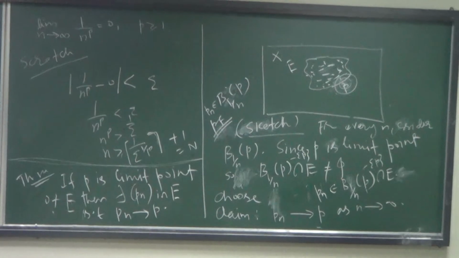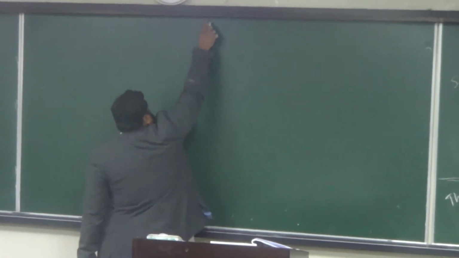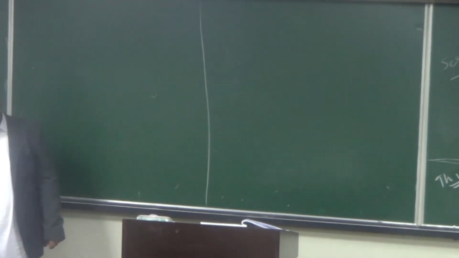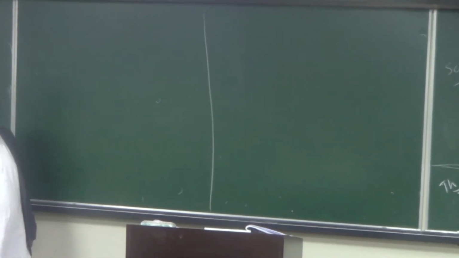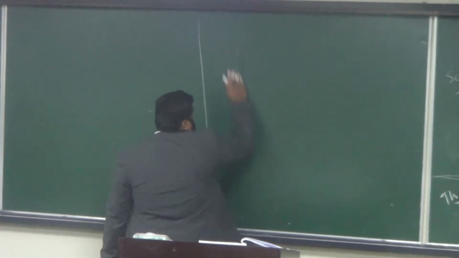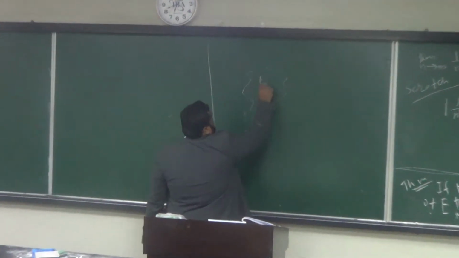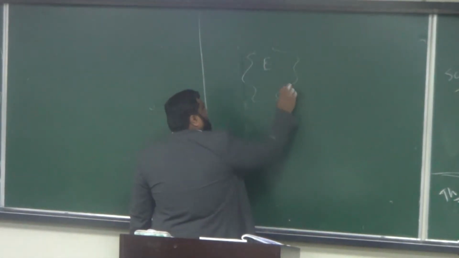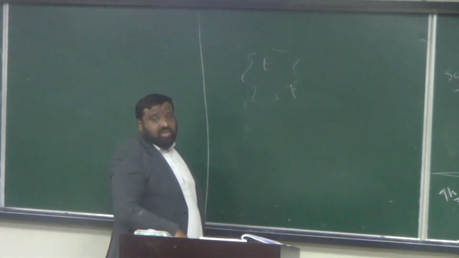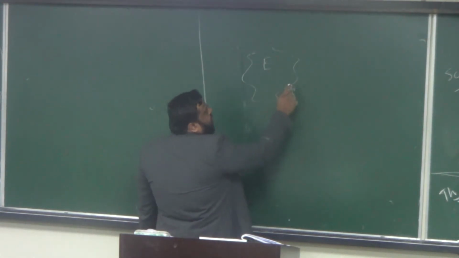Should I do it? Okay. Let me draw the picture again. So imagine this is my set E, and the point P is here. I guess I'm really close to the set, but outside. And I'm drawing a ball of radius 1 here.